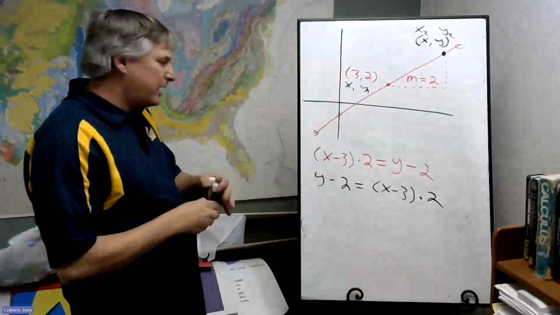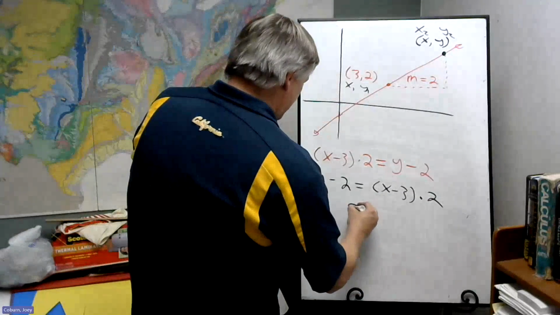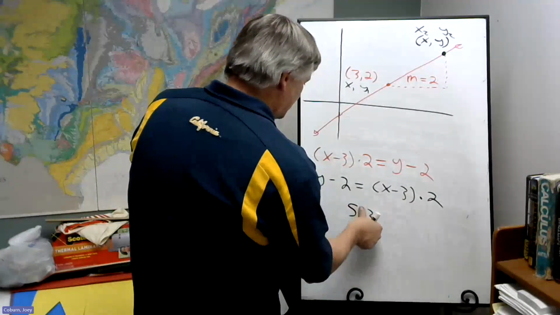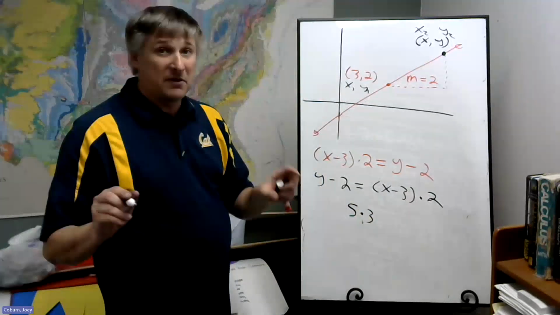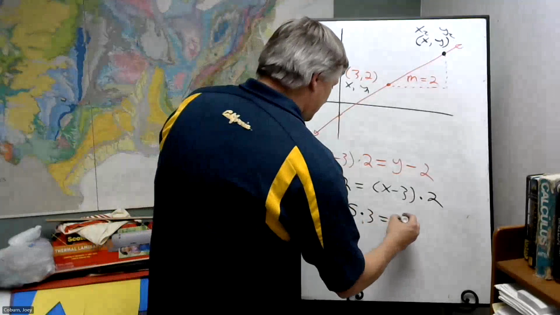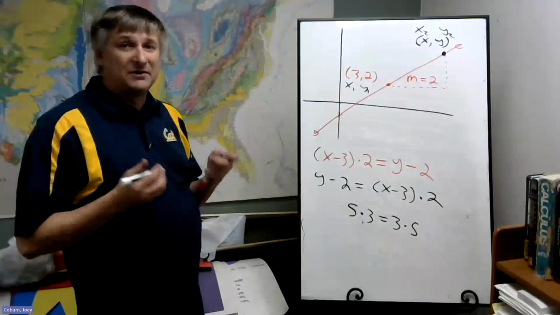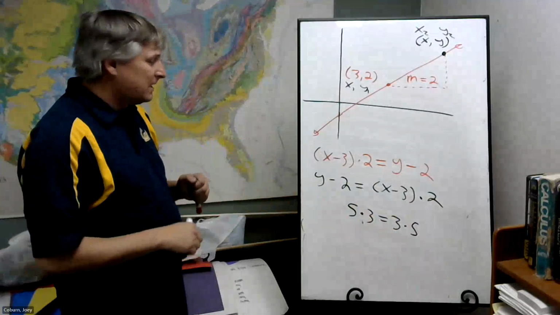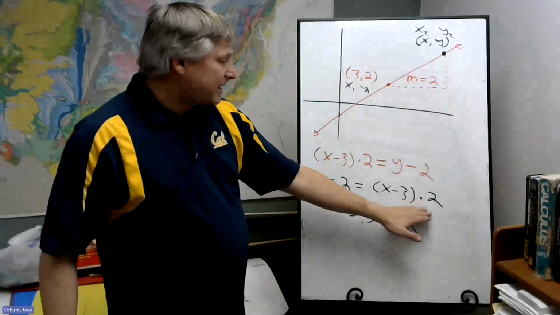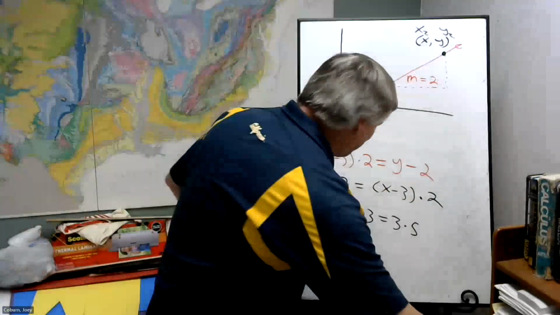And then likewise with multiplication, the order doesn't matter. For example, 5 times 3, I'll use the dot here. The dot and the little x for multiplication mean the same thing. This is 3 times 5. The order for multiplication doesn't matter. 15 and 15. Same here. x minus 3 times 2 is the same as 2 times x minus 3.